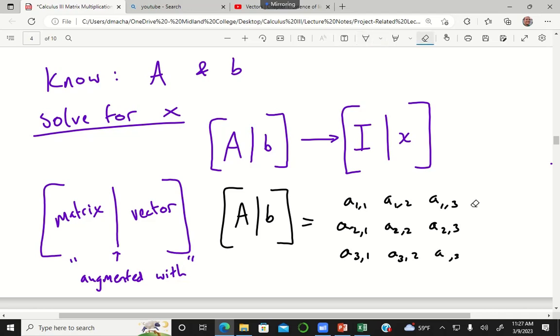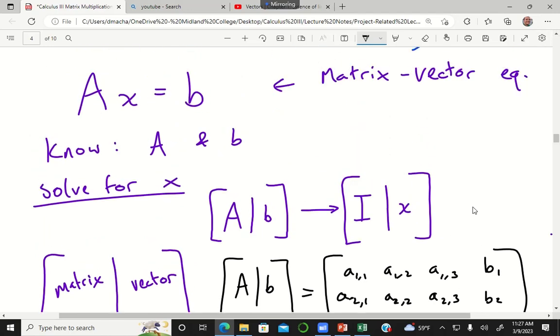Those are all 9 entries in my 3x3 matrix A. And I'm augmenting it with the vector B, which has to have 3 entries, B1, B2, B3. This is what we call an augmented matrix. It's the matrix A augmented with B. Again, this is just another way of restating what Gaussian elimination does. Gaussian elimination solves a matrix vector equation of this form for this vector x.